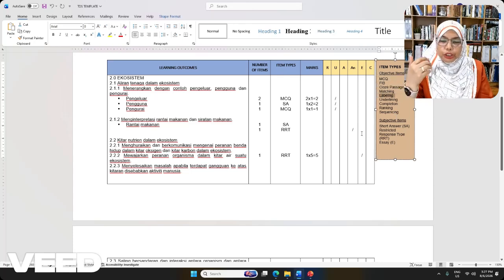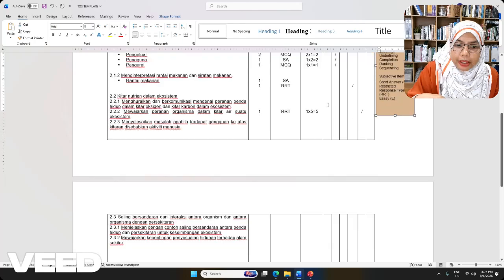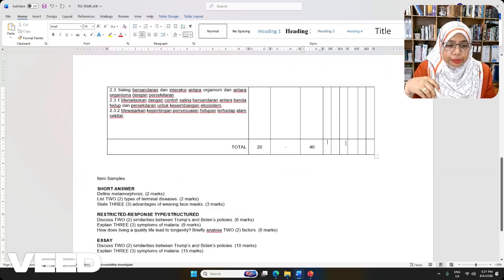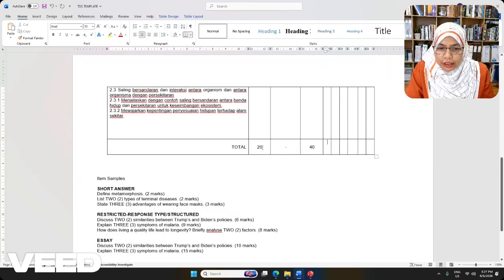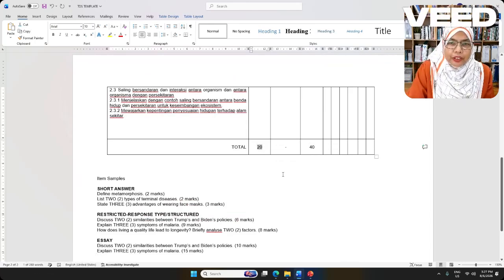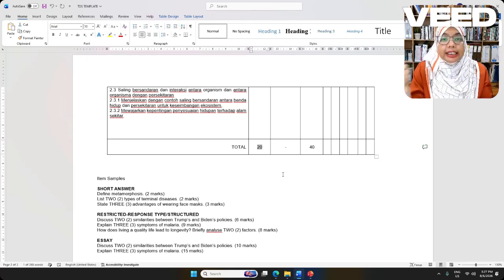Okay, so you are highly recommended to include other item types, not necessarily just multiple choice questions for your objective option. All right, so for total number of items, it doesn't really matter if you have like 17 ataupun 23 because you will be broken down your items into sections later anyway.